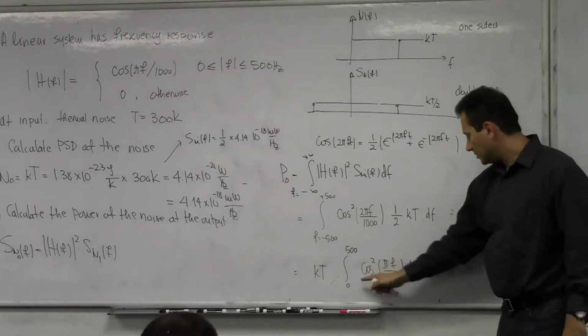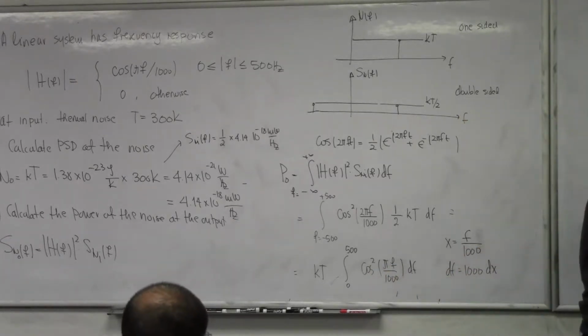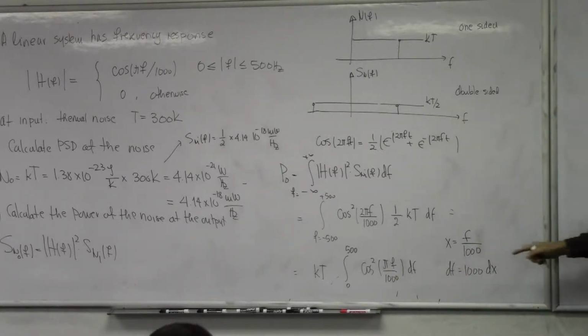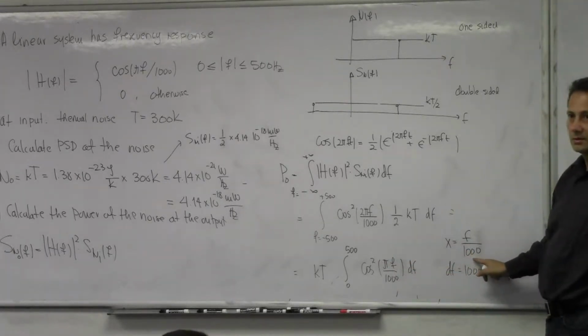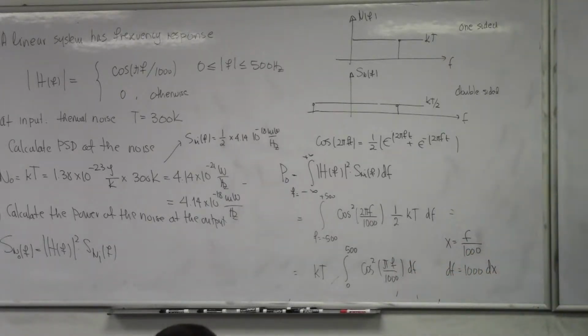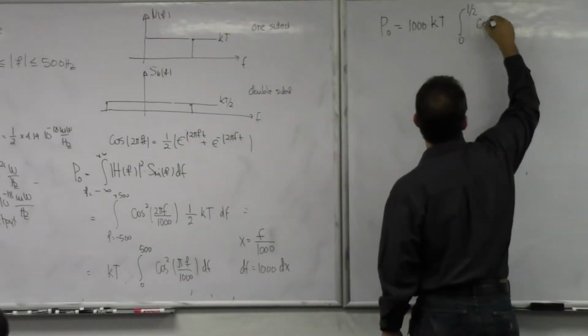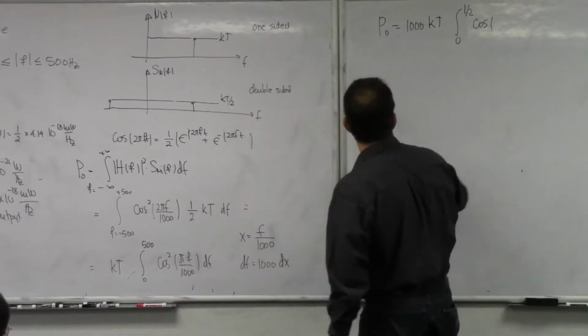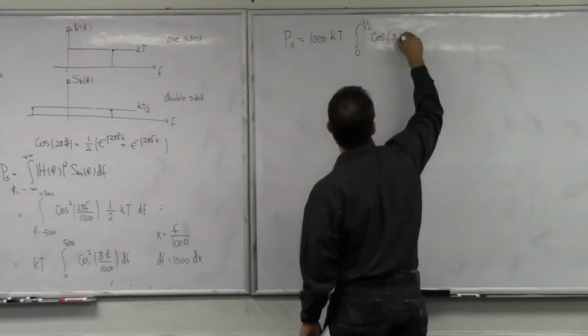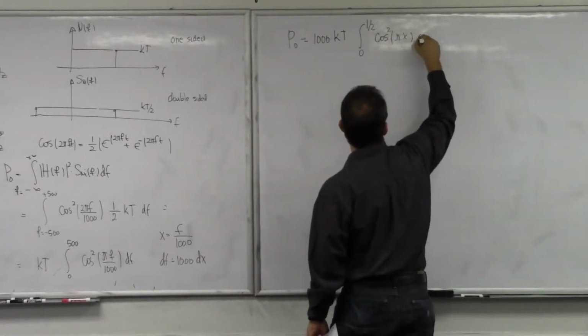When f is at 0, where is x? At 0. When f is at 500, where is x? At 1/2. So it's the integral from 0 to 1/2 of cosine squared pi x dx, since f over 1000 is x.